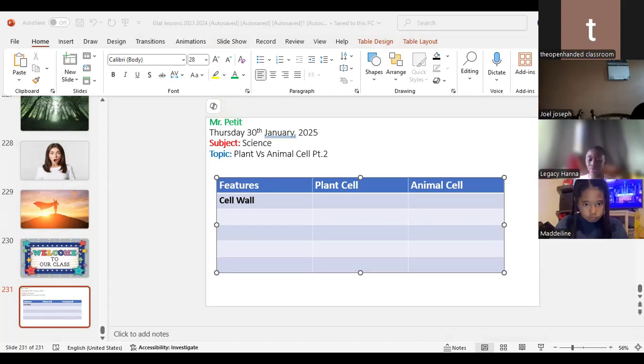Plant cell and animal cell. No, this is not it. Madeline, does a plant cell have a cell wall? Yes or no? Yes. You ain't sound sure. I think so. I think so.